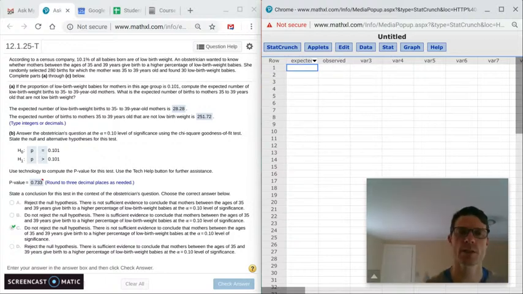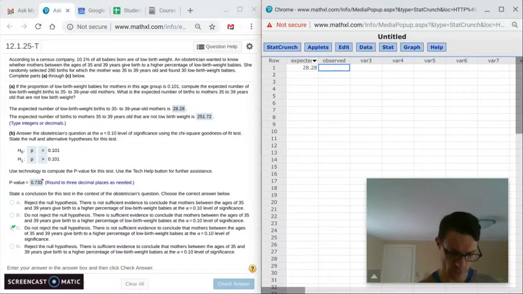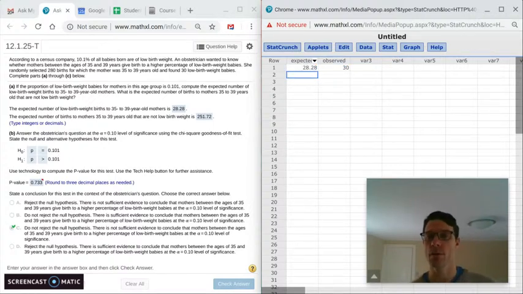So the two proportions for this test really are the low birth weight babies. So we expect 0.28, and we observe 30, right? And the non-low birth weight babies.